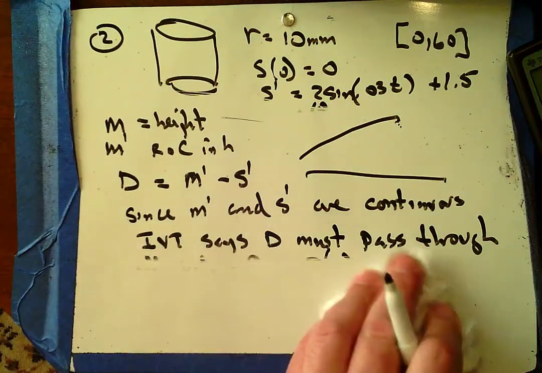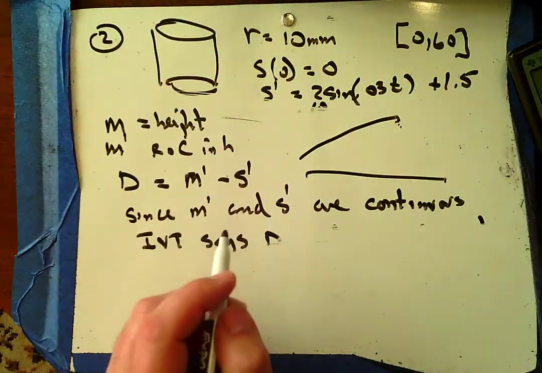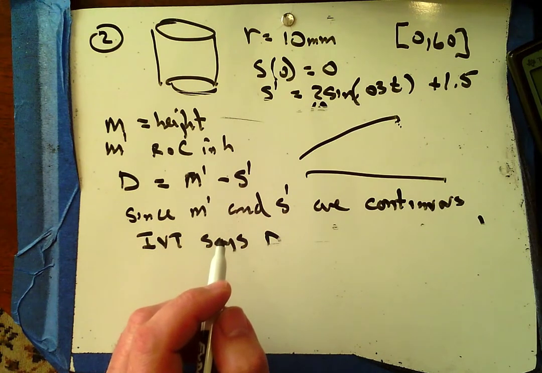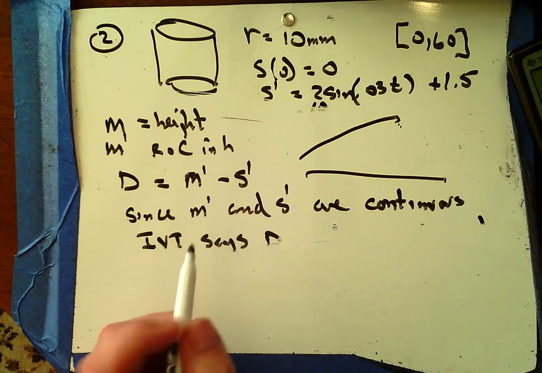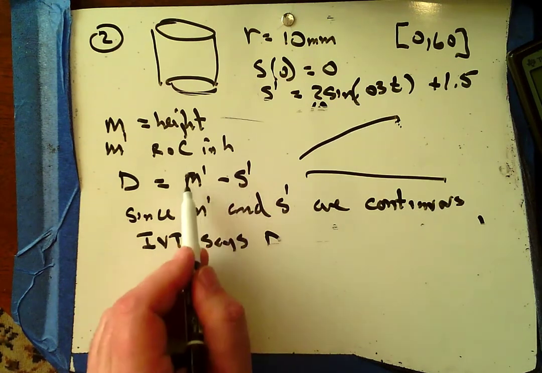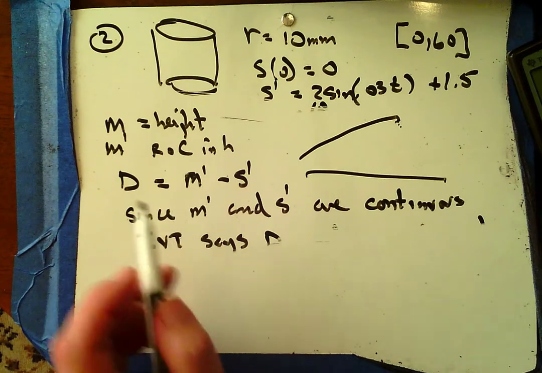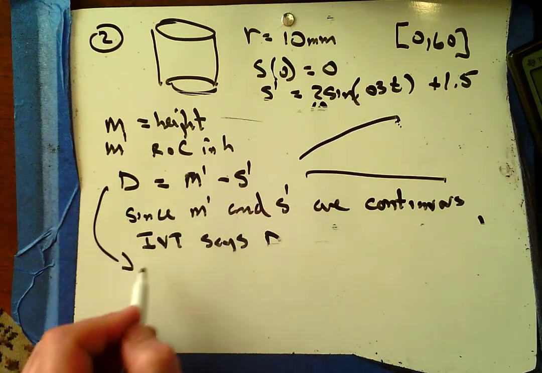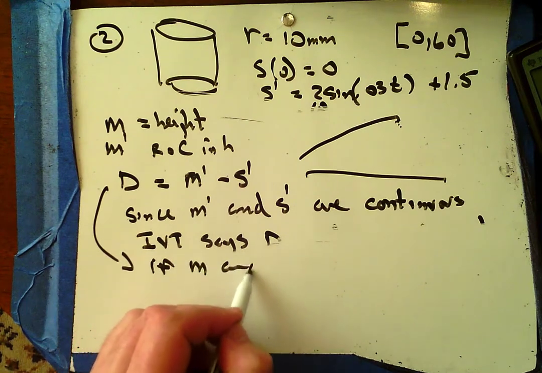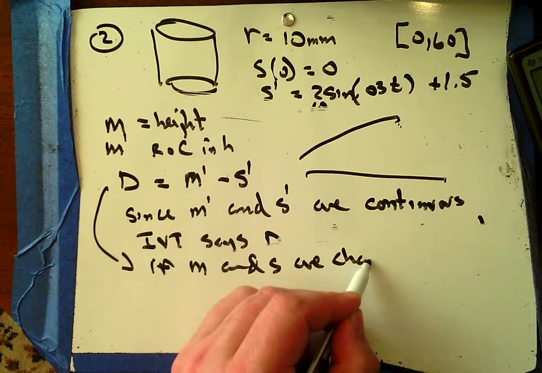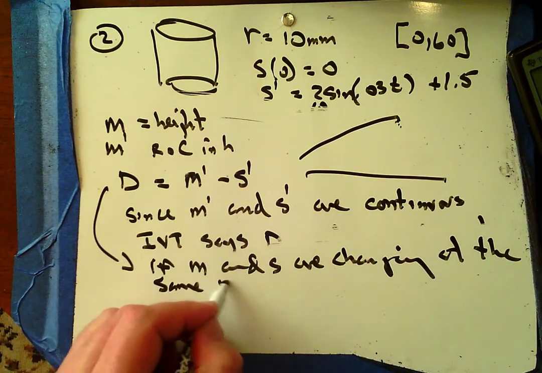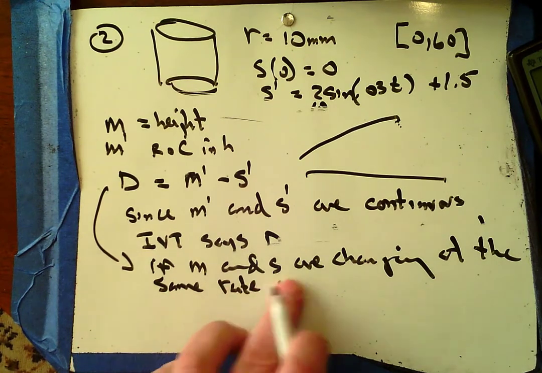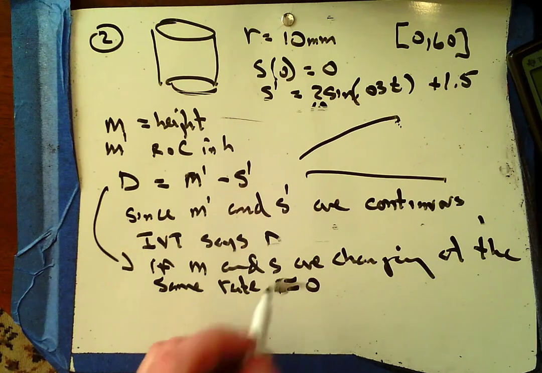It helps to read the question. It says, use IVT to justify that there exists a time at which the heights of the water in the two cans are changing at the same rate. So if these are changing at the same rate, then D must be equal to 0. If m and s are changing at the same rate, D equals 0.